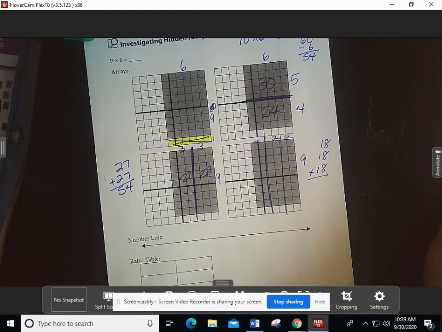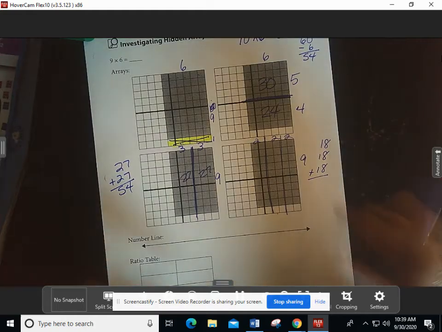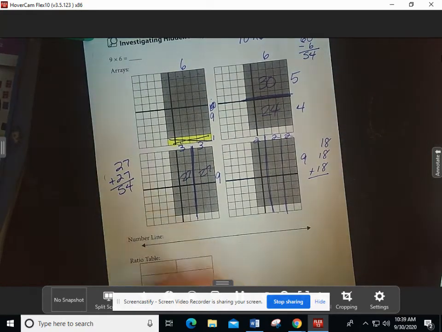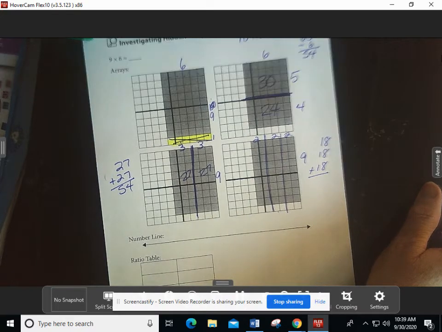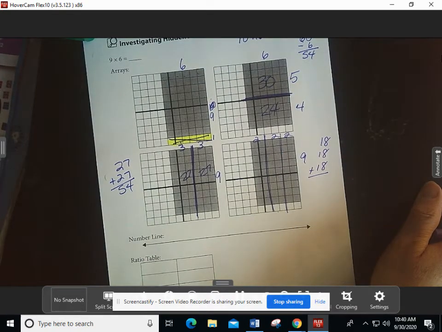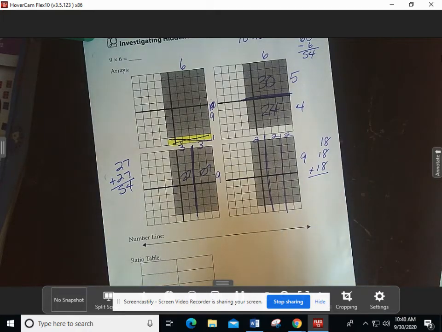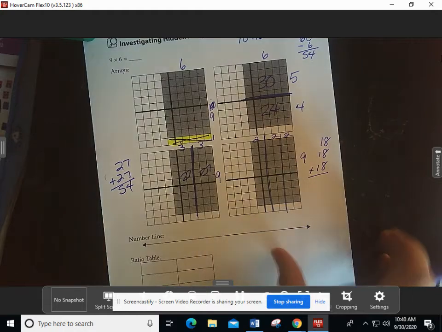And that is not very far away. So we learn how when we have an array, this whole thing, we can divide it into easier sections to multiply it out. And that is the basis for when we start doing multi-digit multiplication. I'll try to remind you of that when we get that far.